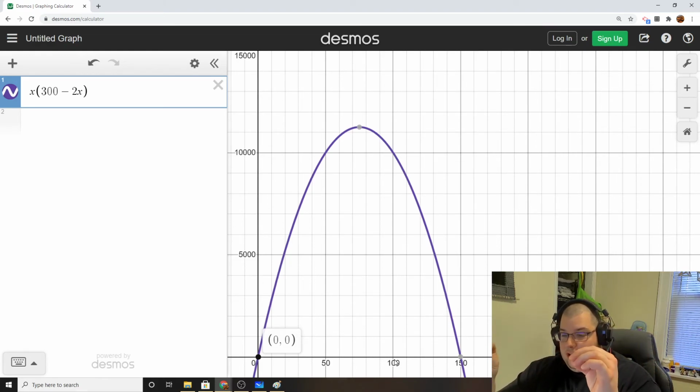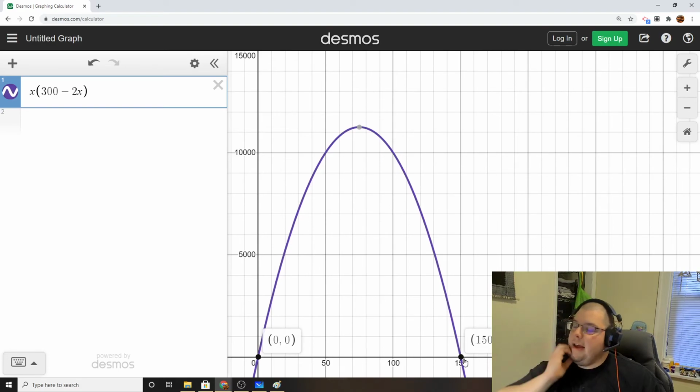The area of the play area would be 0 because it has no width. It has all length. And then this other point, the 150, 0, is if we made x as big as possible, it would be all width and no length.